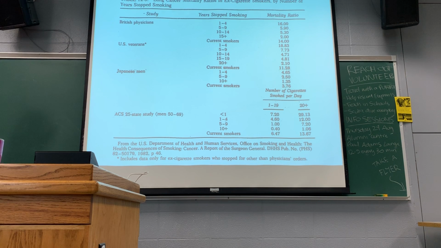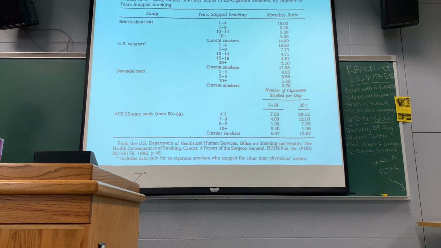The mortality ratio of 1 would be never smokers. And what we see is that the longer you can stop smoking, your lungs actually can recover. And so you can get back to having a lower chance of dying of lung cancer, back to almost as if you hadn't smoked before.